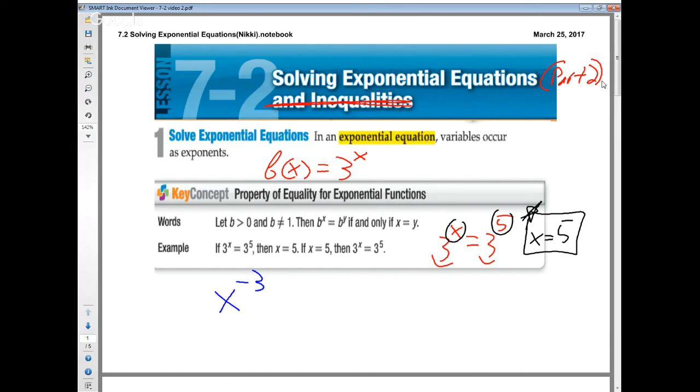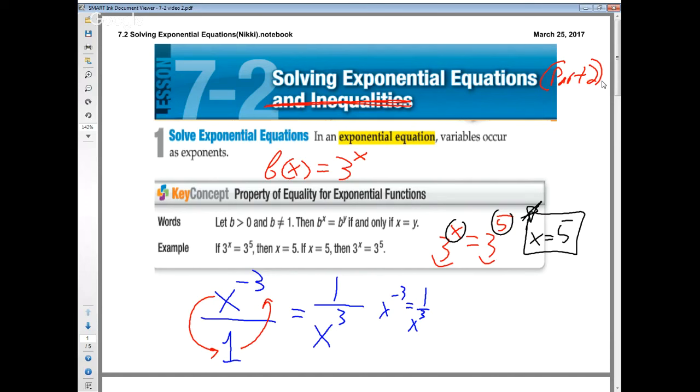The trick is taking x to the negative 3, rewriting it as x to the negative 3 over 1, and then basically flipping the two expressions. With the 1 on top and the x to the power on the bottom, it makes the power positive. So x to the negative 3 is the same thing as 1 over x cubed.